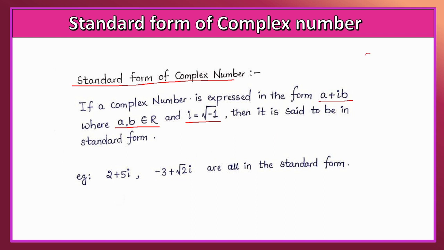So what is standard form? Standard form means a plus ib. This is the real part and this is the imaginary part. So for example, 2 plus 5i, minus 3 plus root 2 i are all in the standard form. So this is called the standard form of a complex number.